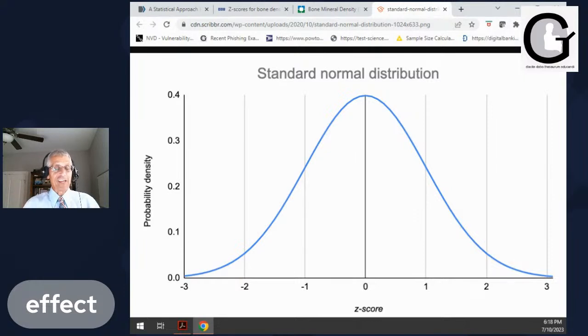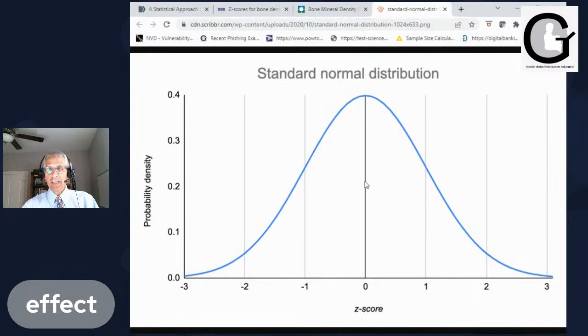And then you have this, a standard normal distribution. In a normal distribution, not being standard, you'd have mean plus 1 standard deviation, mean plus 2 standard deviations, mean plus 3 standard deviations. But this is just 0.